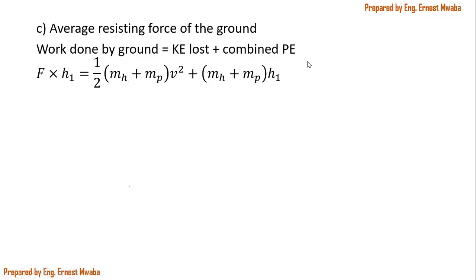Then plus mass of the hammer plus mass of the pile, g h. It's supposed to have g there, times 9.81. Of course, I will include it. So that's supposed to be g.